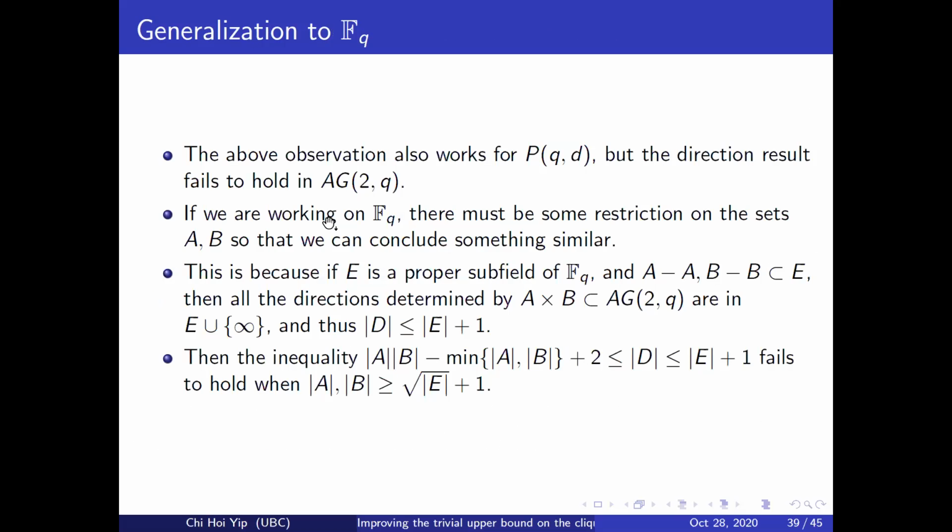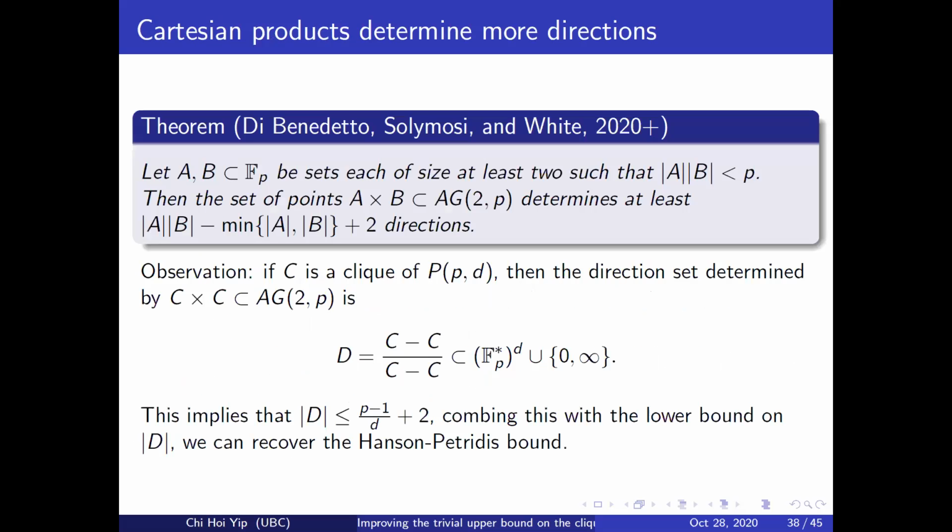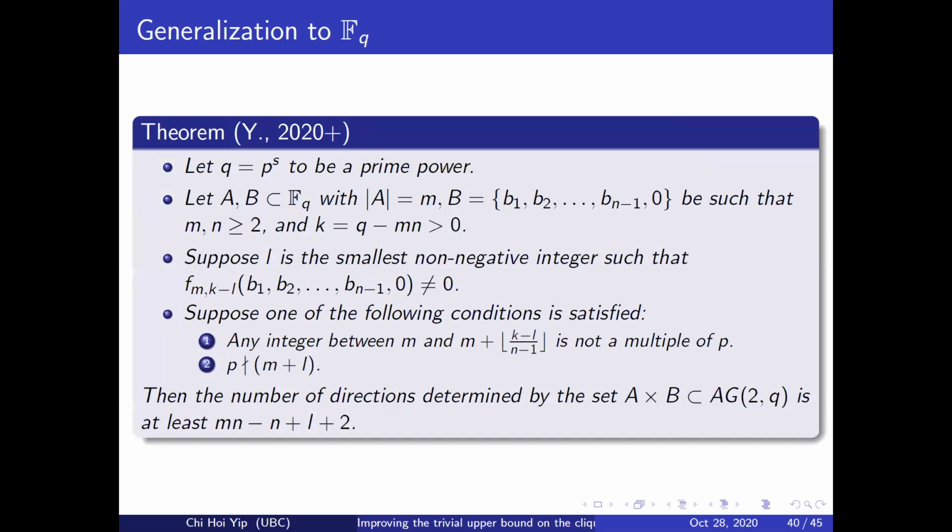But as I have said, we need some restriction on the sets A and B so that we can conclude something similar. So the additional assumption we need is this condition or this condition. Okay, so the proof of this will be similar to this one. I guess I don't have time to go through the proof, but let's see how we can apply this theorem to our clique number problem.